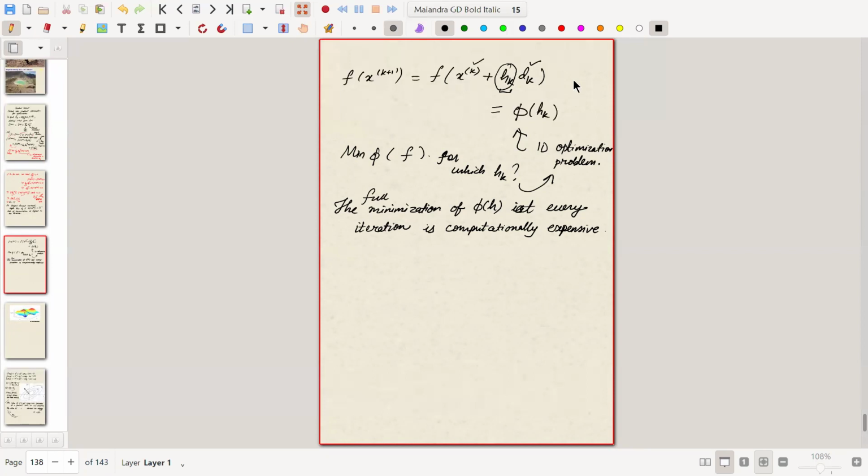That's what brings us to another condition known as the Armijo condition. This you will encounter quite often in your machine learning course, maybe when optimization comes. This Armijo condition is very important. So Armijo suggested that instead of minimizing phi h at every iteration, maybe we can partially minimize phi h, or maybe we can take a constant step size and get rid of it.